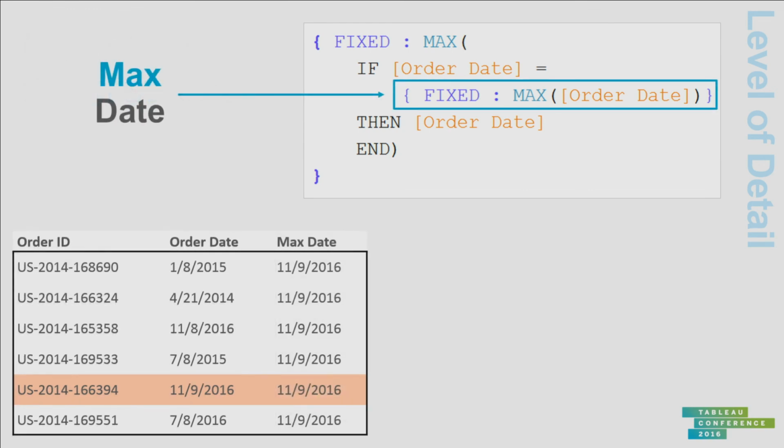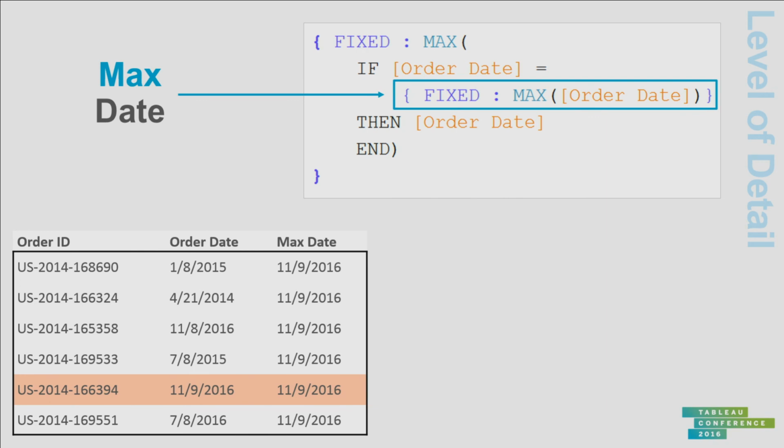And we're focusing in on this first nested part of that equation, the max date. If you do not fix to any dimension, it's going to return you one number for your data set overall. So fixing this with a colon immediately after is going to give me the last date for the data set overall, so just one number.